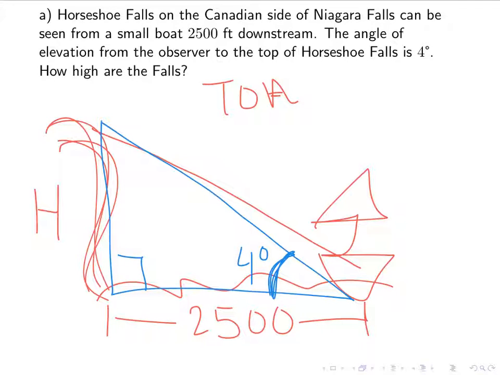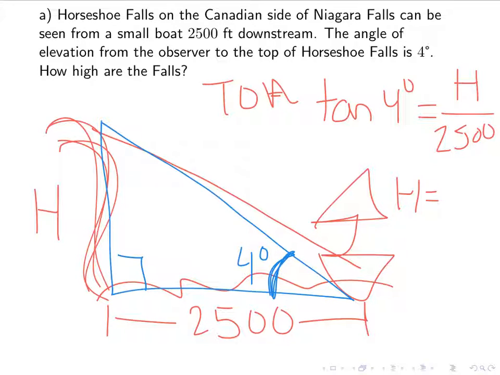So tangent of my angle is the opposite over the adjacent. So tangent of 4 degrees equals H, what we're looking for, over 2,500. So H is 2,500 times tangent of 4 degrees.